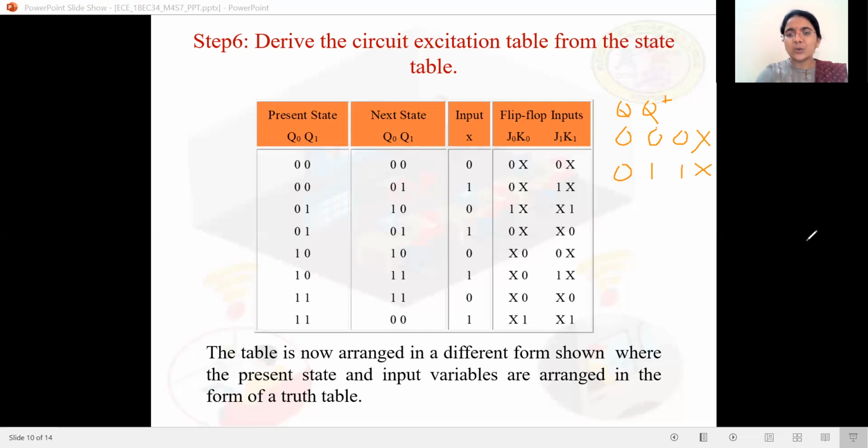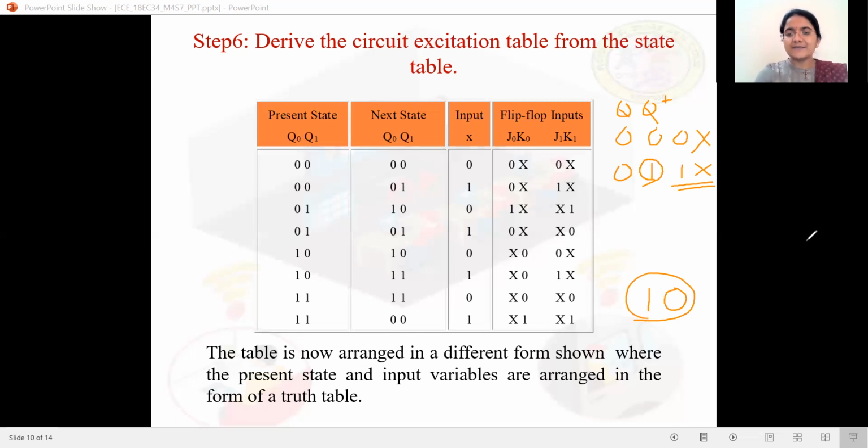When present state is 0, and if you want to get the next state as 1, what should be the JK inputs? If you want to set the flip-flop, we have to input 1, 0. The J input should be 1 and K should be 0. This is one input.